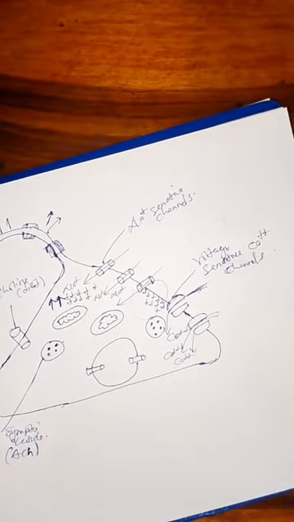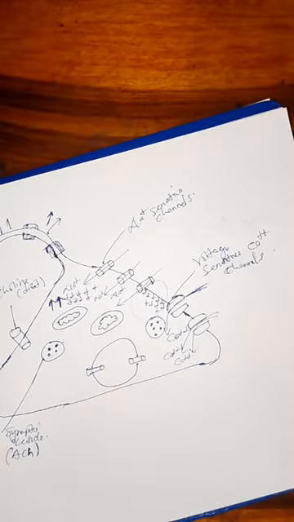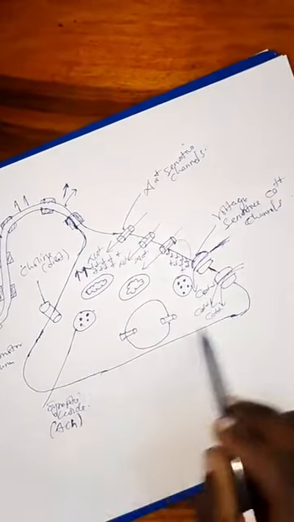This will cause the bursting of vesicles by forcing the synaptic vesicles to move and fuse with what? The presynaptic membrane. So this membrane you are seeing here is the presynaptic membrane.